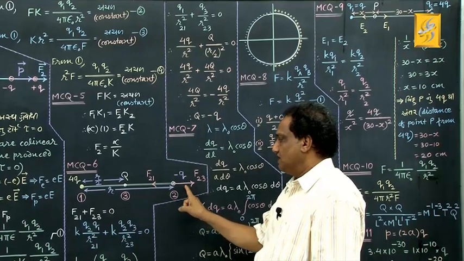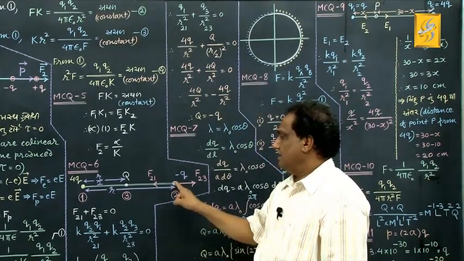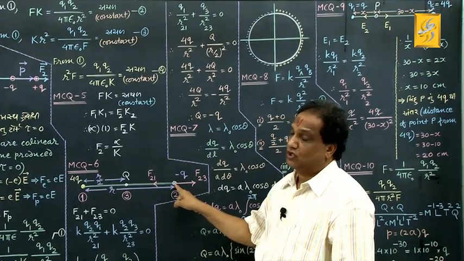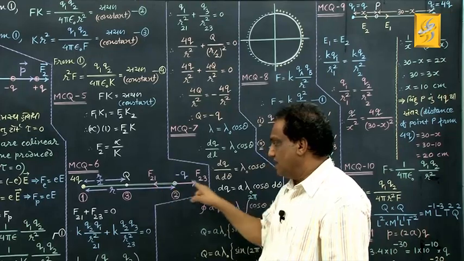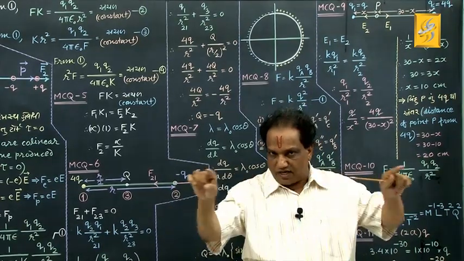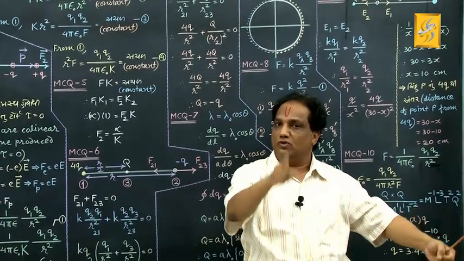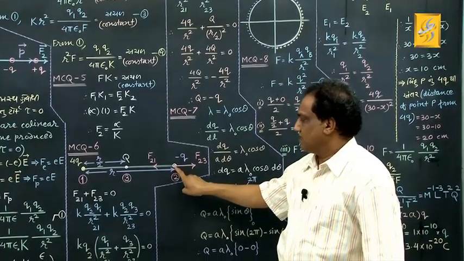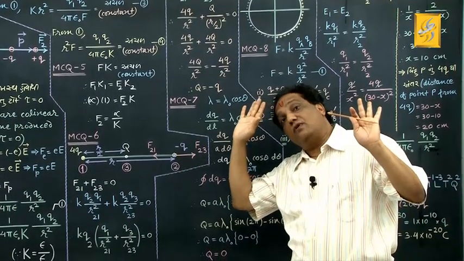These two forces are oppositely directed, and if they have equal magnitudes, the resultant Coulombian force on this will be 0, because these two forces are collinear, along the same straight line but opposite in direction. Then only this charge will remain under equilibrium.